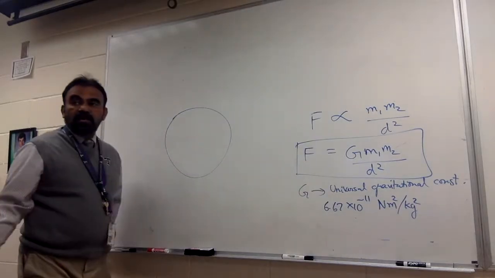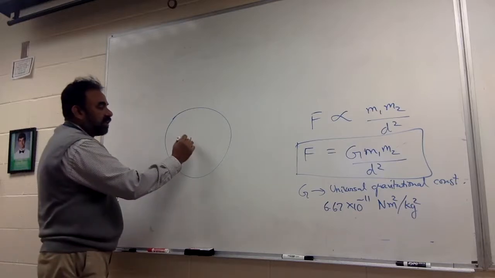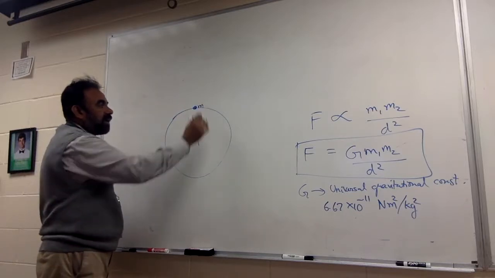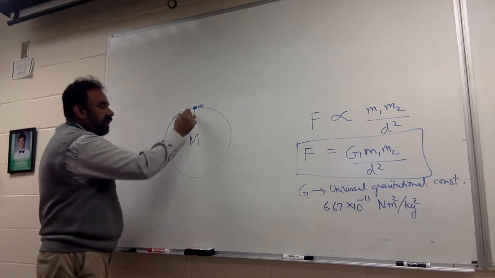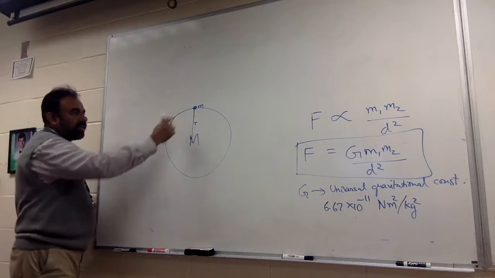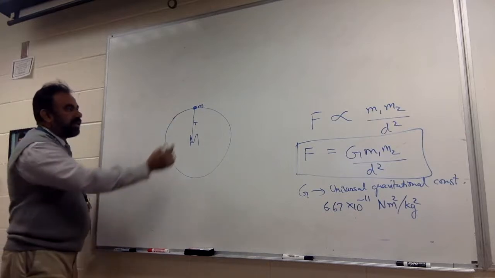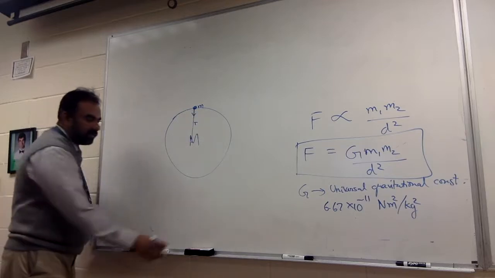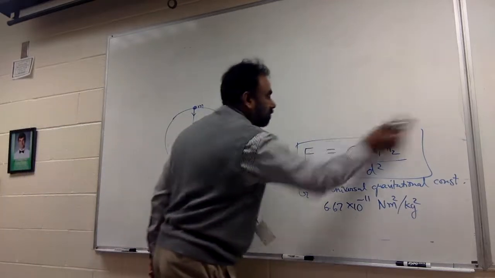So if that is the Earth of mass M, and that's an object on Earth of mass small m, and the radius of the Earth is r, what are the forces acting on me? It's a gravitational force, right?